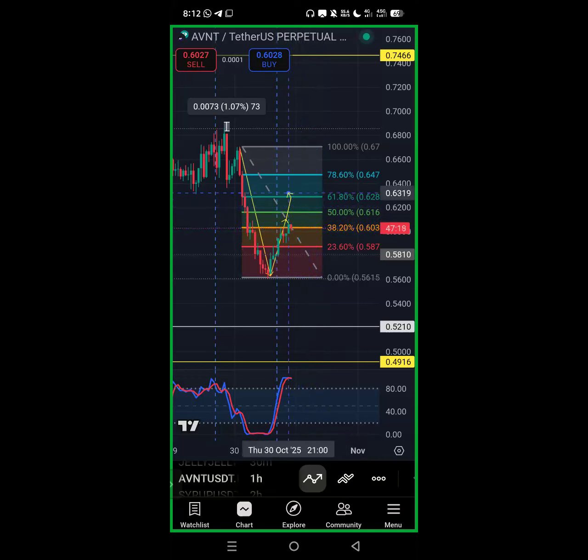But from the look of things here, the price is already around a retracement zone, which is the 38.2. It is around there already. If you were to take up any entry decision, you would possibly be looking out for a short, right?